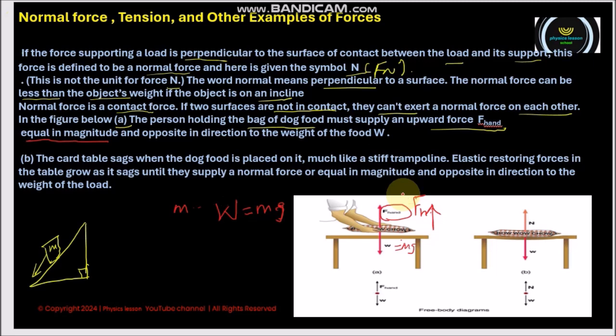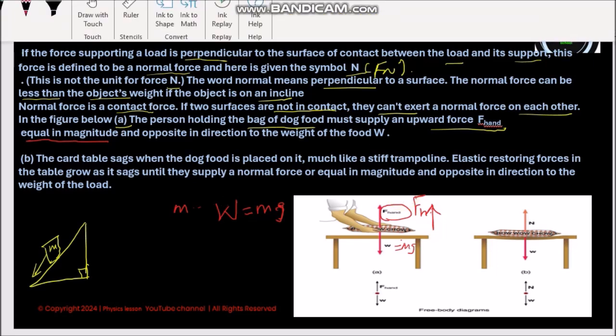Then B, the cart. Let me draw under B. The cart table sags when the dog food is placed on it.